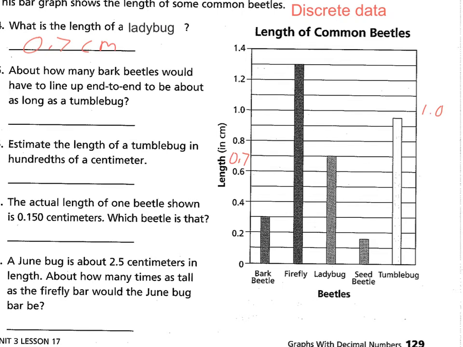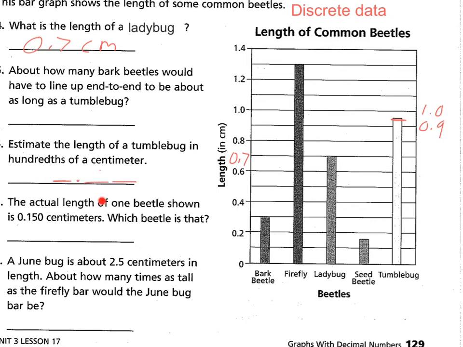And that line on the top, above it, is 1 and 0 tenths, and the one below it is 0 and 9 tenths. So if it's in between there, what would you estimate would be the top of that line? That would be a good estimate for how long a tumblebug actually is, to the nearest 100th of a centimeter.